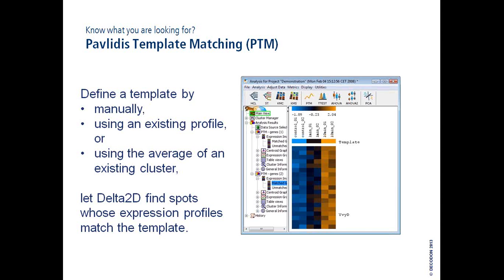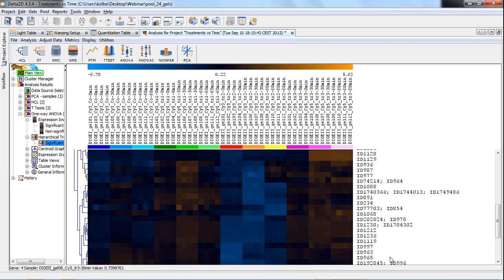Maybe you have seen a publication where a certain protein spot, which you know on your gel, which spot it is, that this is involved in your processes and you want to look for similar expressed proteins, or you just use the average of an existing cluster, an interesting cluster. So Delta 2D will then find those expression profiles matching this template. Let me show this now in Delta 2D.